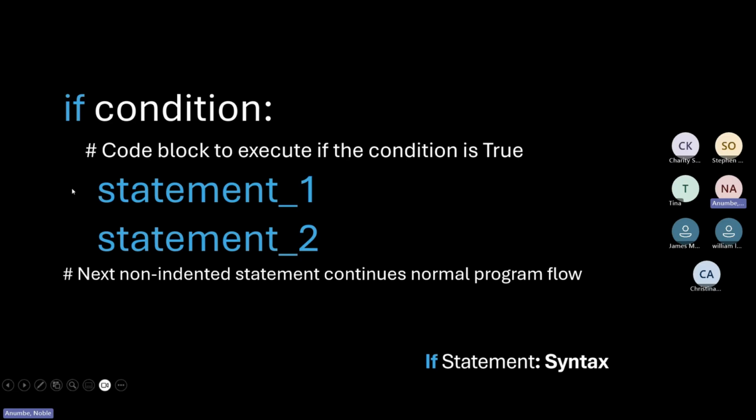If you click tab, assuming the statement was on the same line as this, it would move 4 spaces in. And the idea is to say that everything under here is subject to the conditions imposed by this if statement. Notice that once you execute this, the next non-indented statement continues normal program flow.